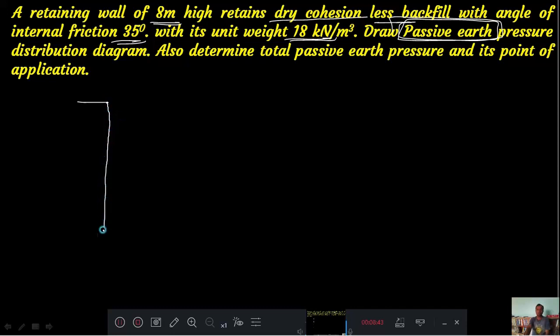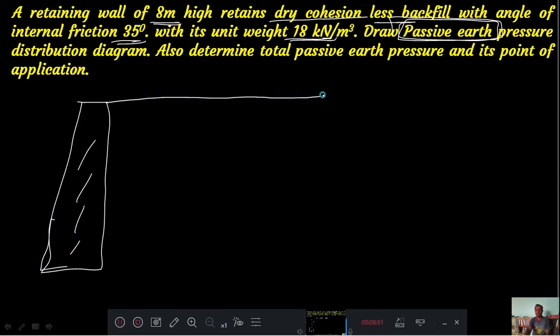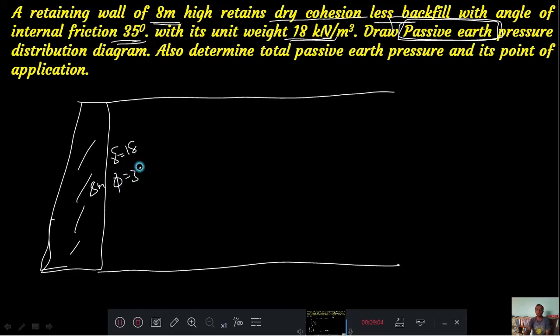That is your retaining wall, then here we have the backfill. We'll consider the data as 8 meter height, gamma is 18, and phi is 35, and Kp I need to calculate.